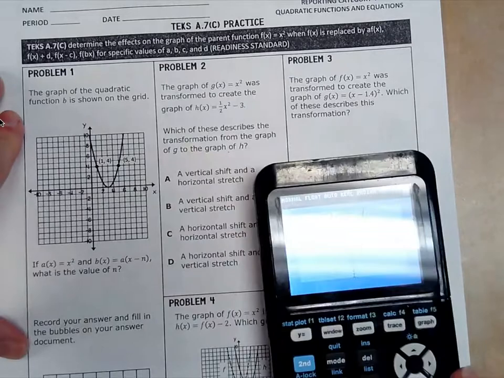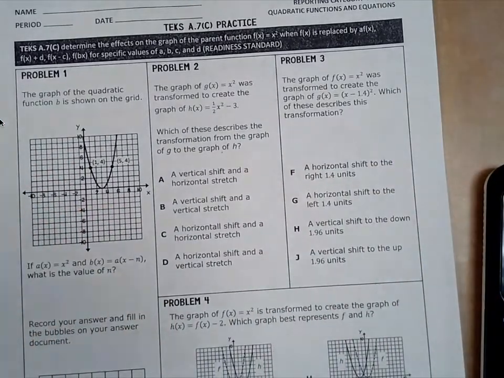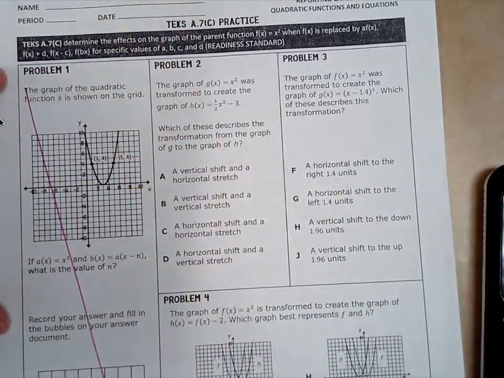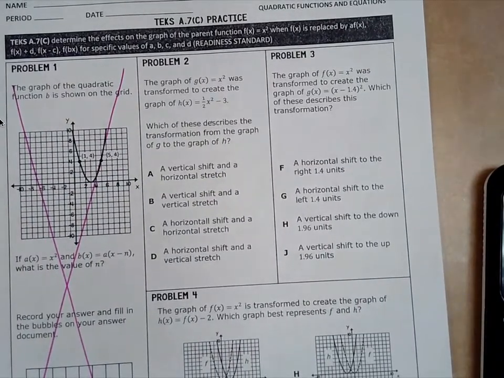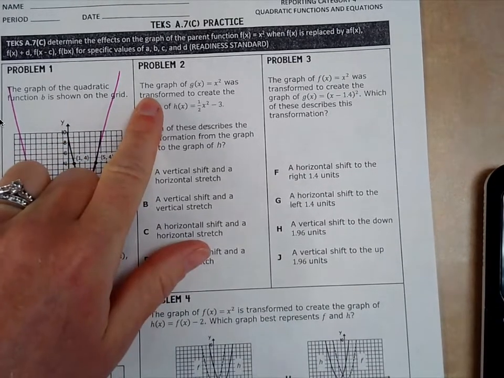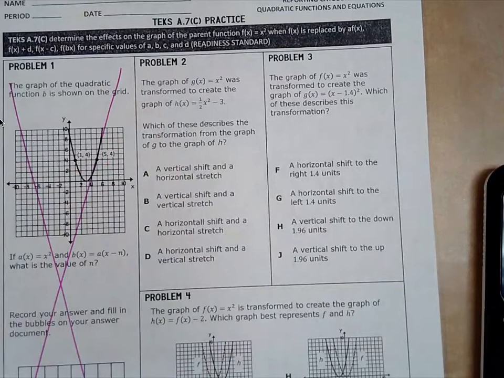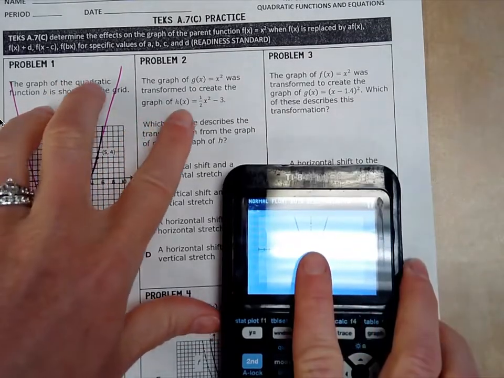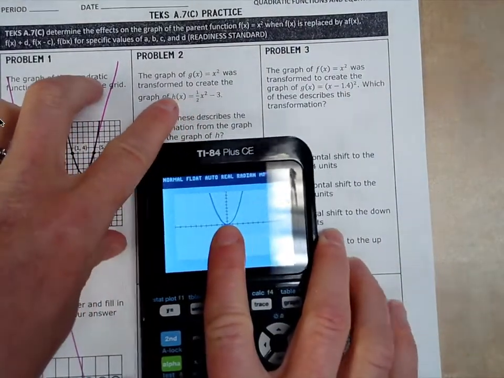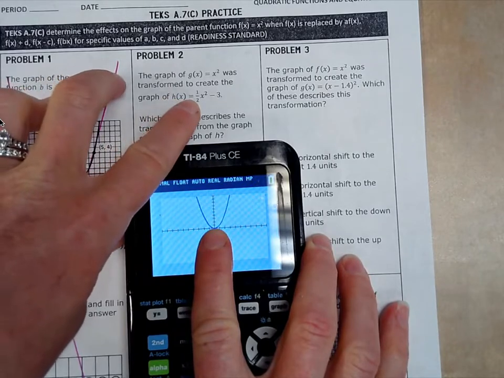We're going to skip problem 1 and go to problem 2. The graph of g of x equals x squared was transformed to create h of x equals 1/2 x squared minus 3. So we're going to compare y equals x squared to 1/2 x squared minus 3.